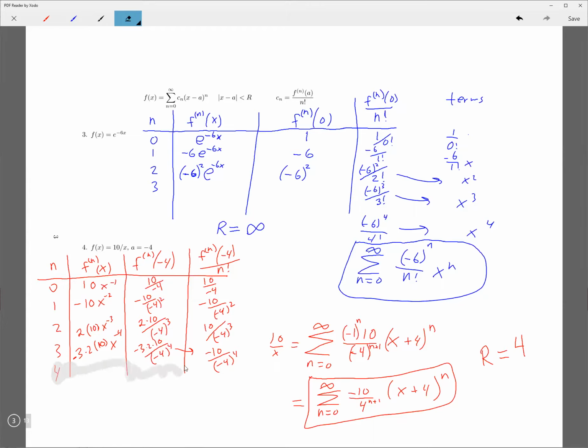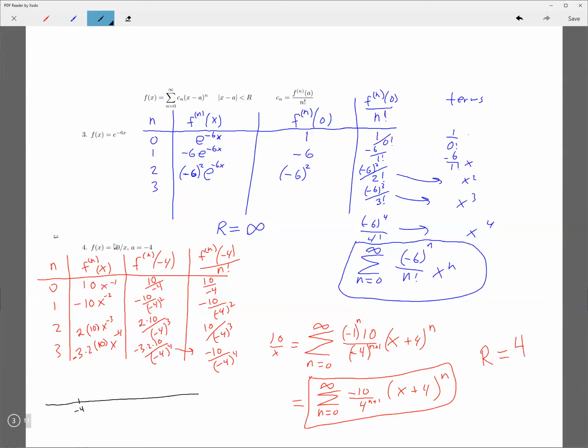Here's another way you can tell with this particular problem. You have 10 over x, right? And a is -4, right? So that's where we're expanding it about.